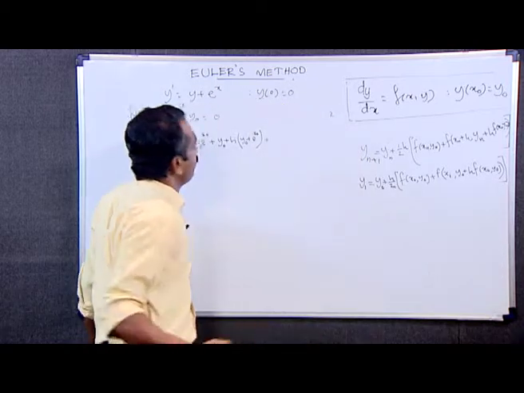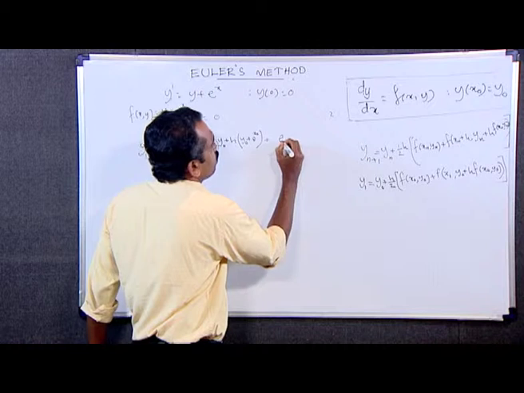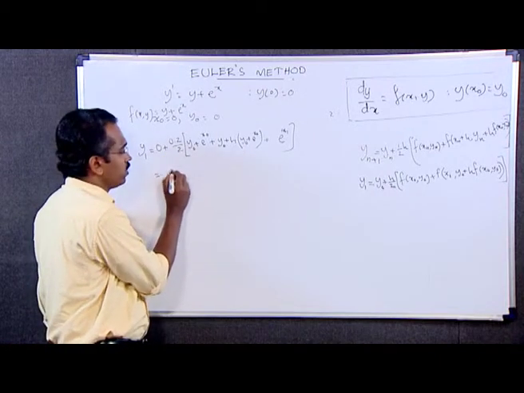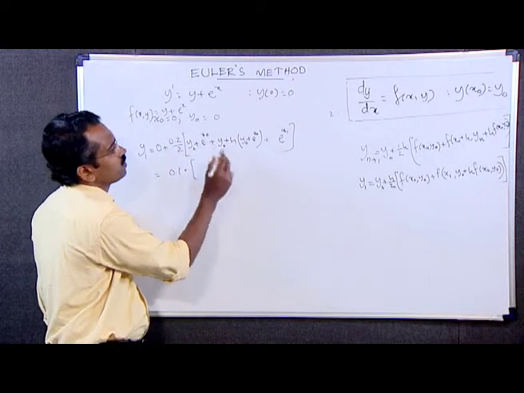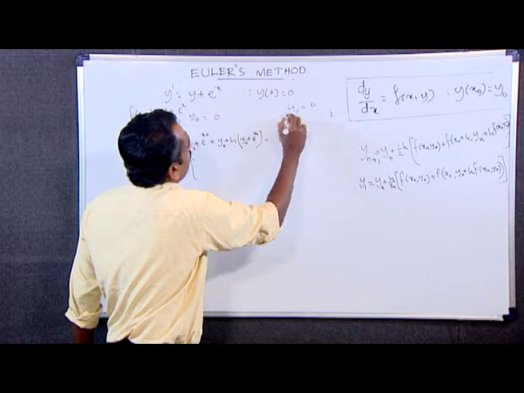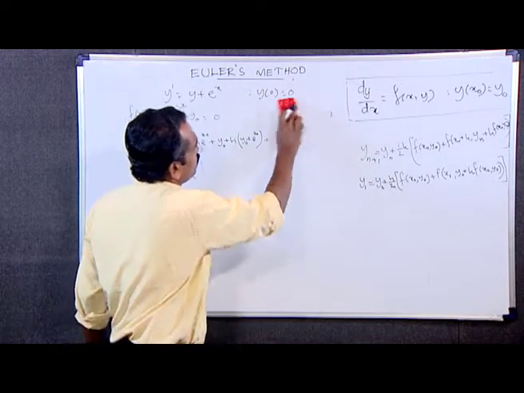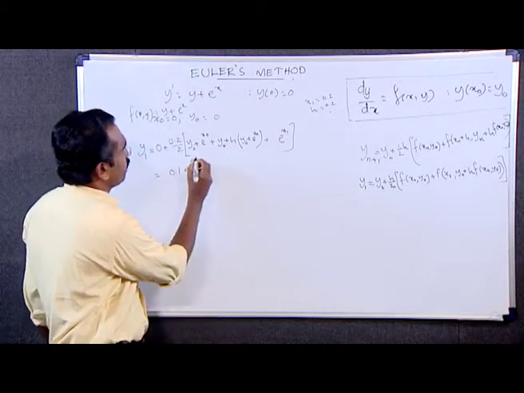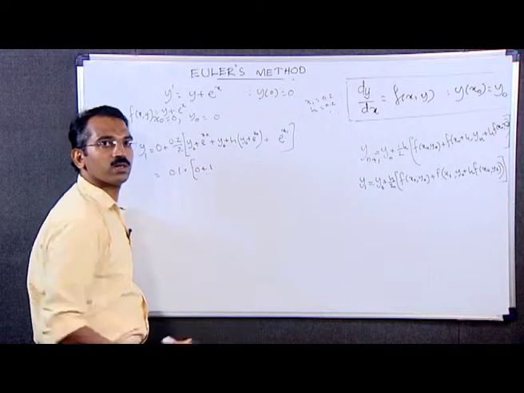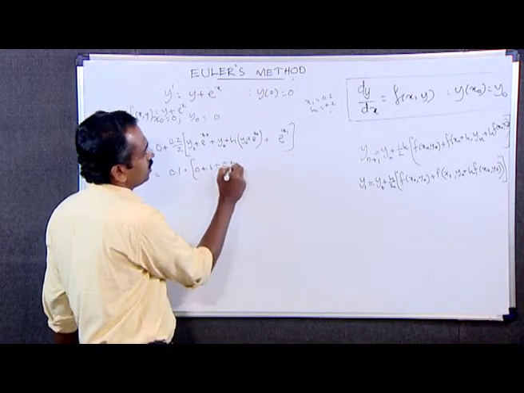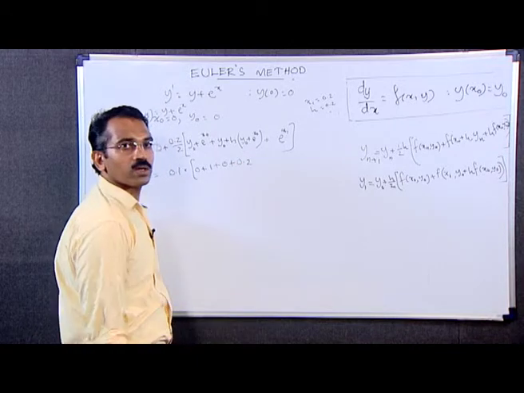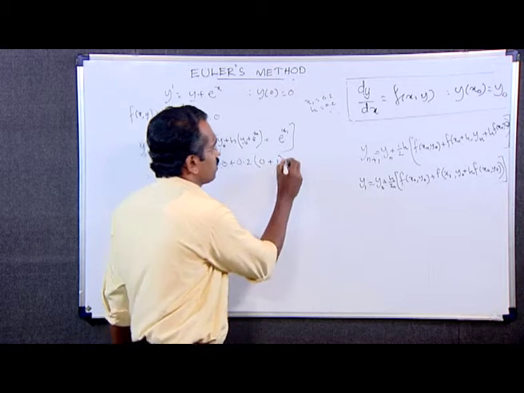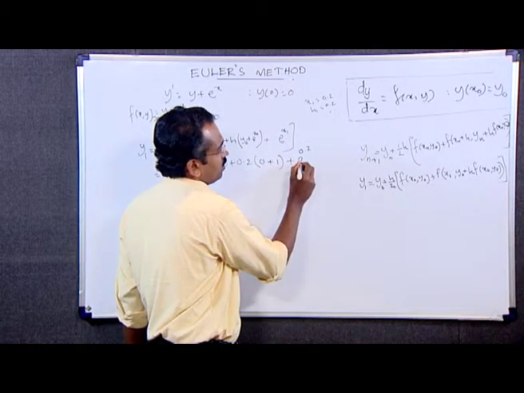That is equal to 0 plus 0.2 by 2 means 0.1 into y naught is 0, x naught and y naught are 0, x1 is 0.2 and h is 0.2. 0 plus e raised to 0 means 1, plus y naught is again 0 plus h is 0.2 into y naught plus e raised to x naught, y naught is 0 plus e raised to 0 is 1, plus e power x1 is 0.2.